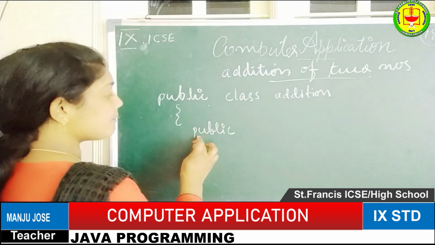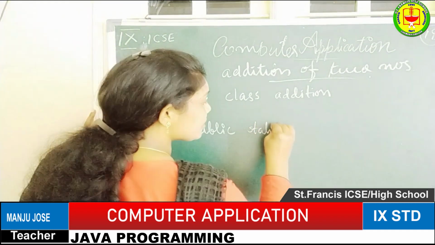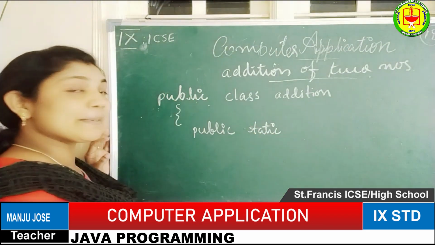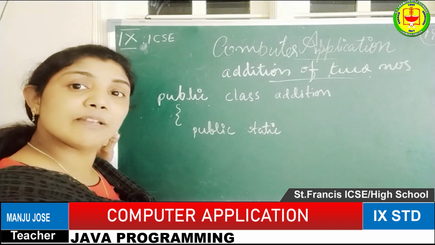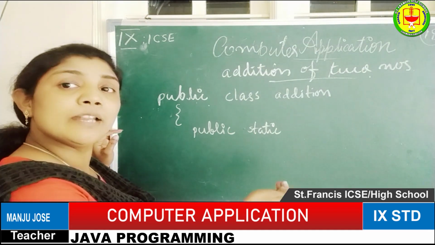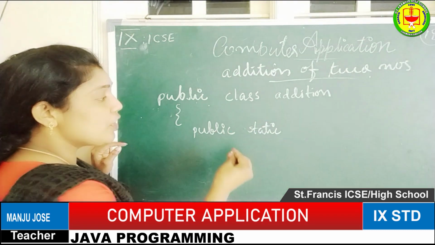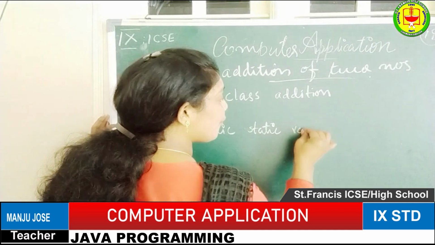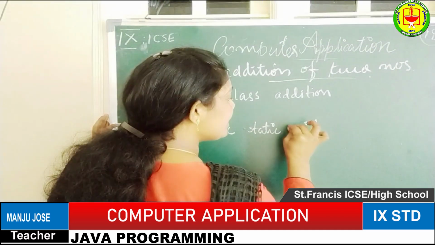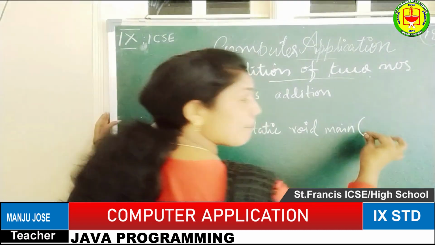The next step will be public static. The static keyword is used for the main function. The main function will always be static only. Static means wherever or whenever we need, we can execute the program, without many restrictions. So static, then void main, open the bracket.